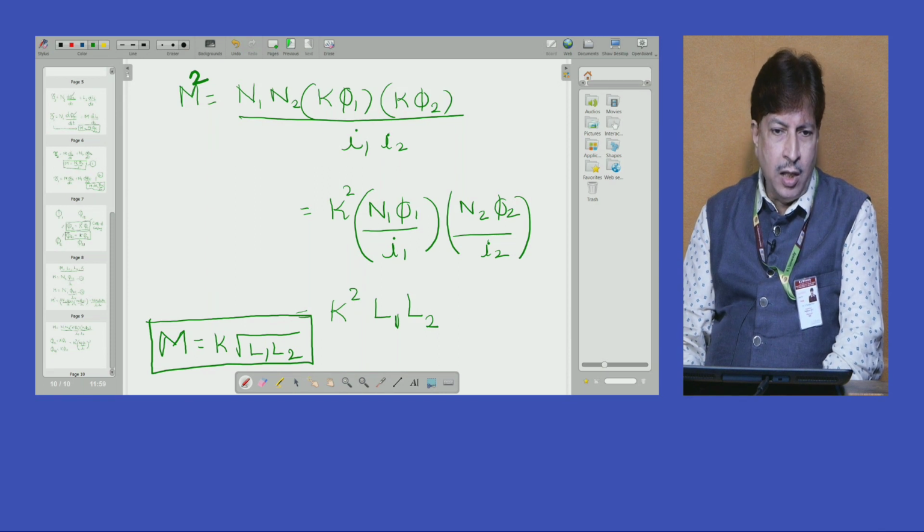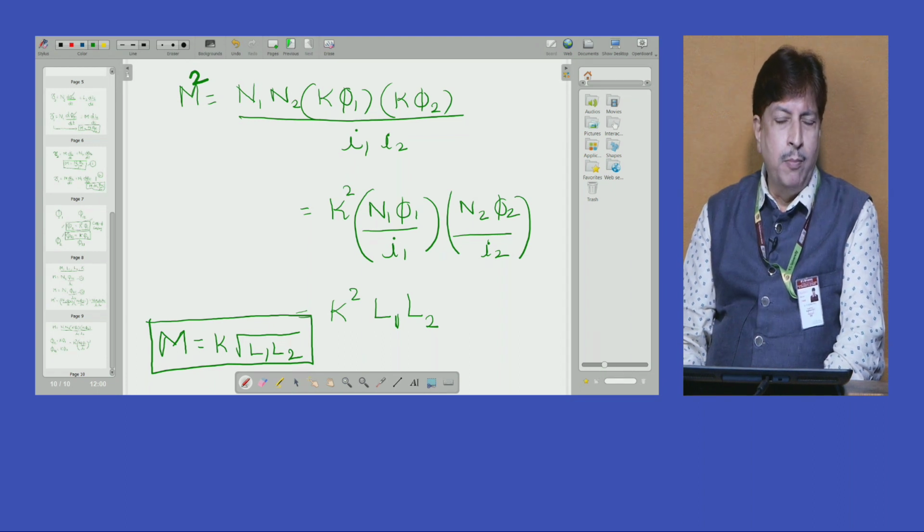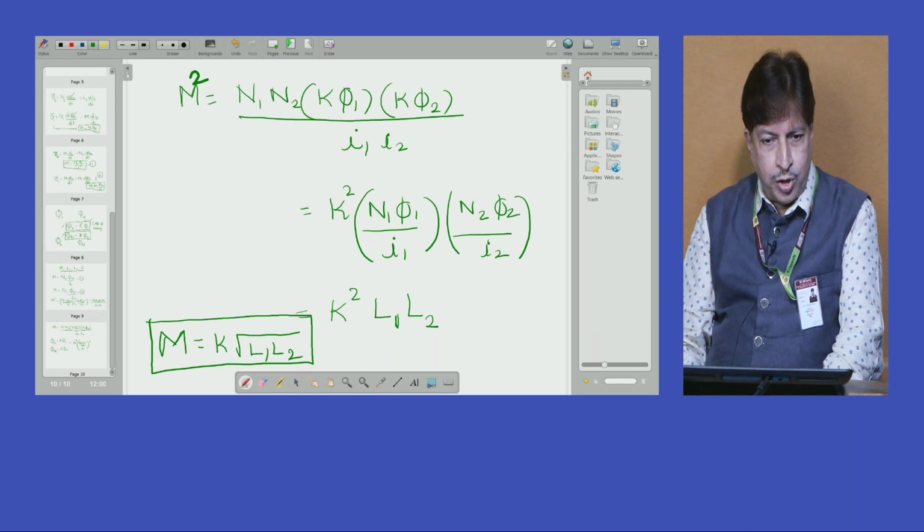Hence, till now we discussed very few basics of coupled circuits before we enter into the actual main topic of how to analyze a magnetically coupled circuit.